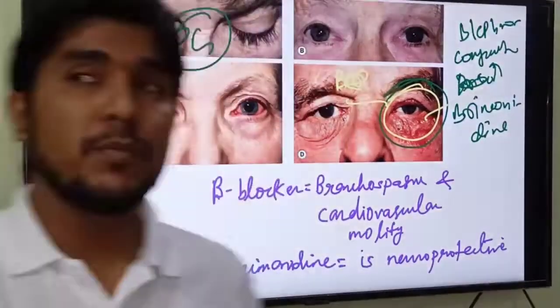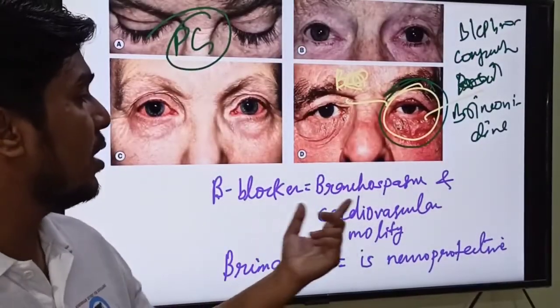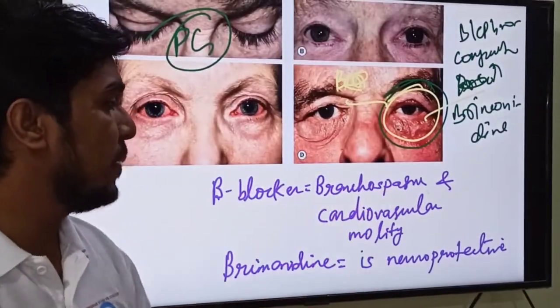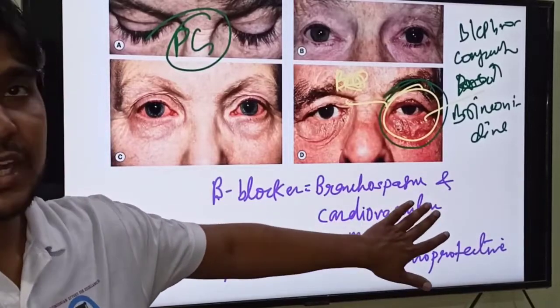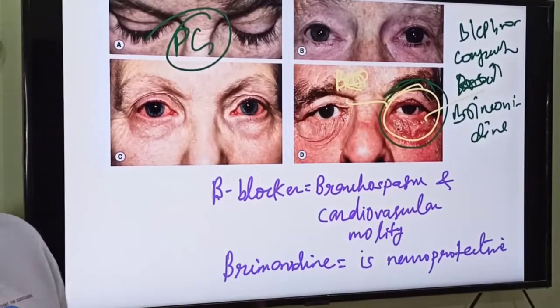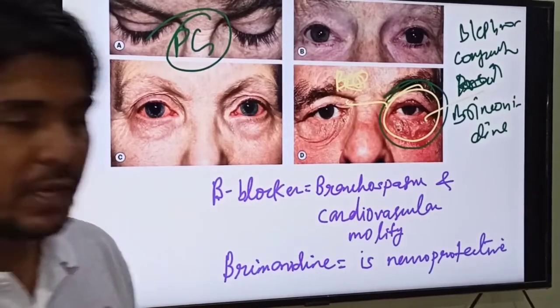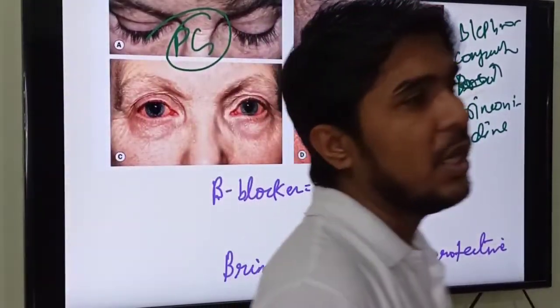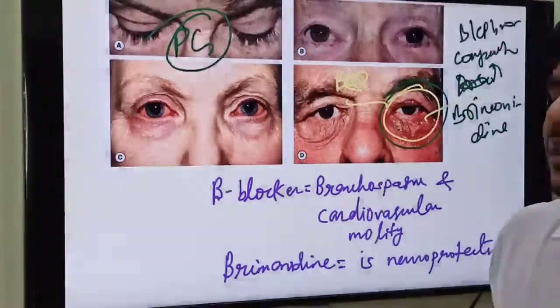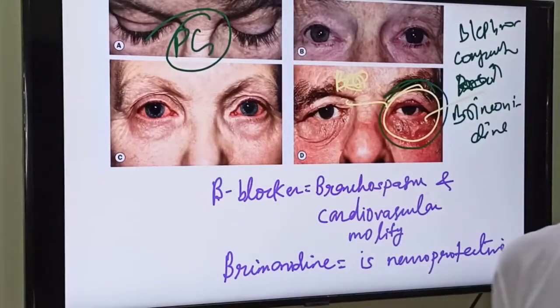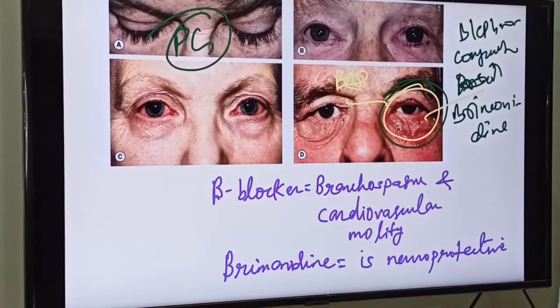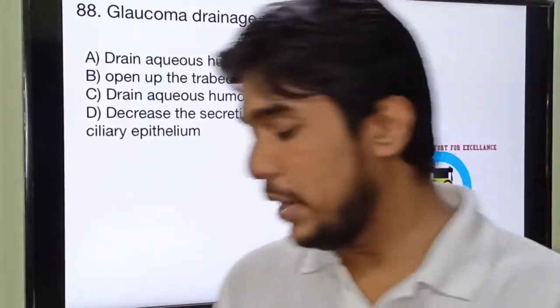Now one more thing you need to remember: beta blocker can cause bronchospasm, so cardiovascular mortality is high, and you have to avoid it in cardiovascular diseases. Brimonidine is also neuroprotective, and that's why in Alzheimer's disease or Parkinson disease, this is sometimes recommended. Which anti-glaucoma drug can be given in Alzheimer's disease? The answer will be brimonidine, because it's neuroprotective, right?